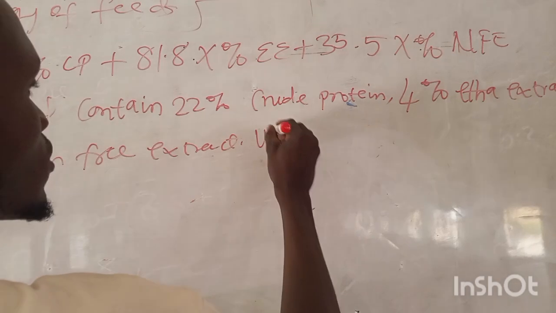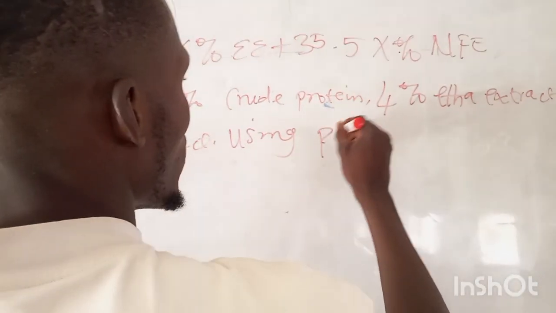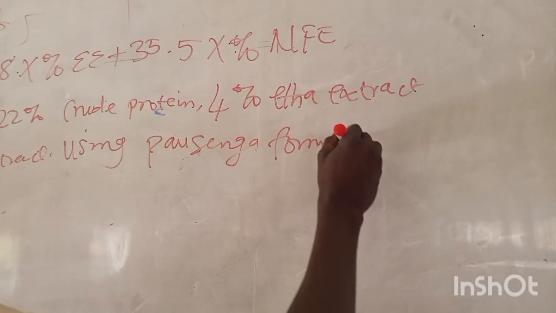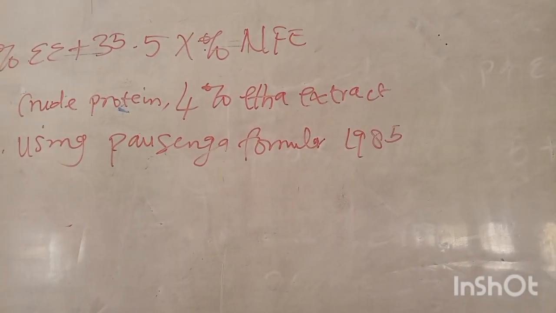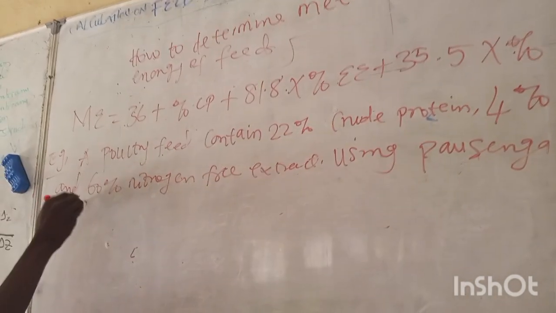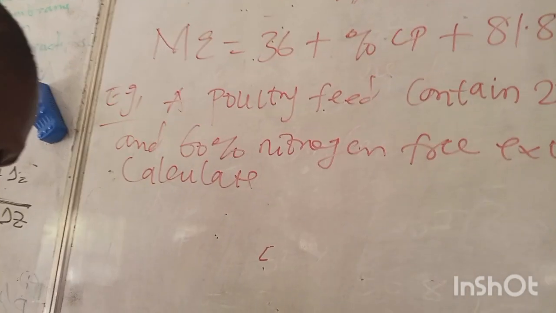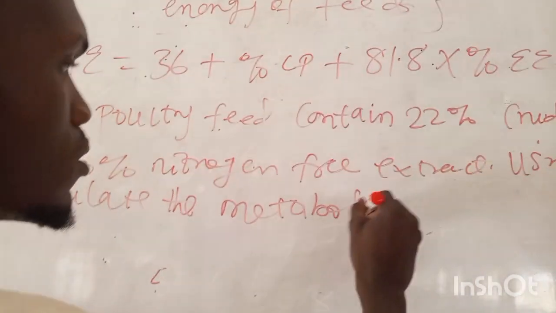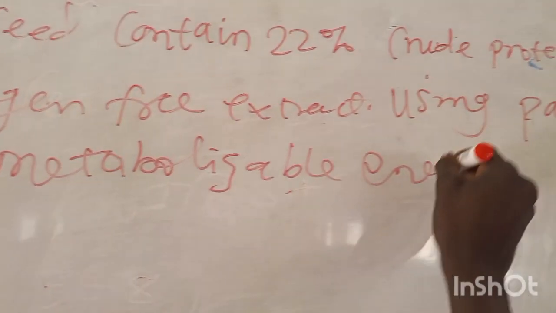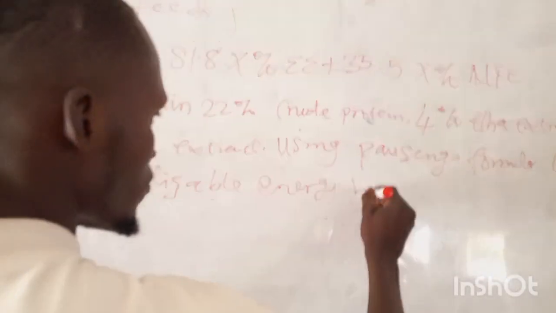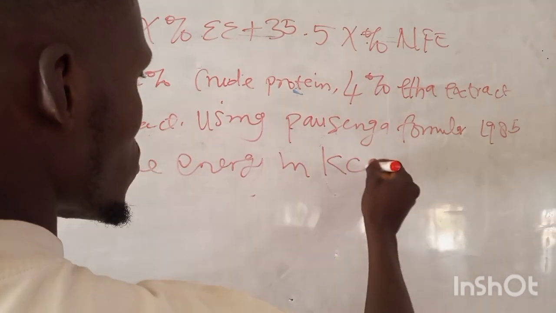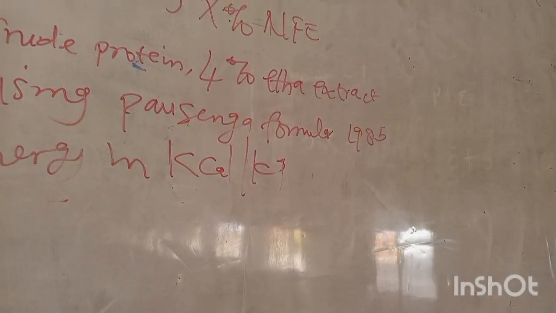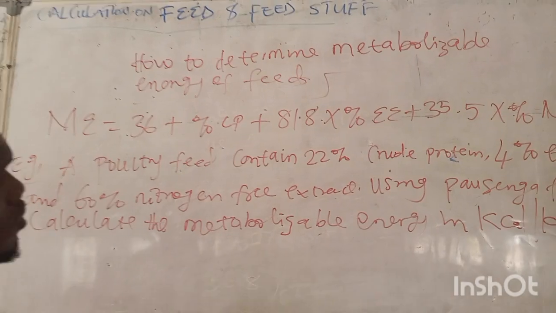Now, using Pozenga's formula of 1985, calculate the metabolizable energy in kcal/kg. You can caption what kg.